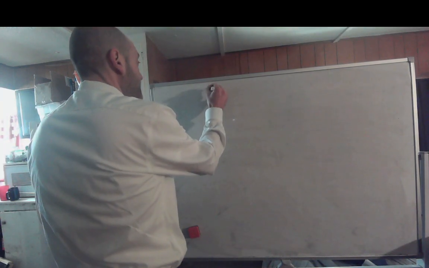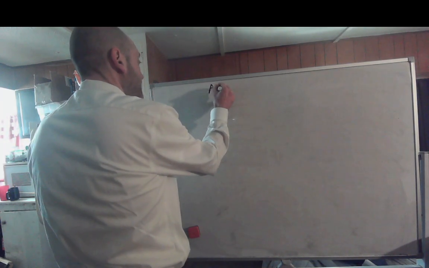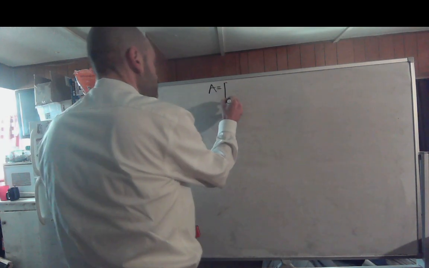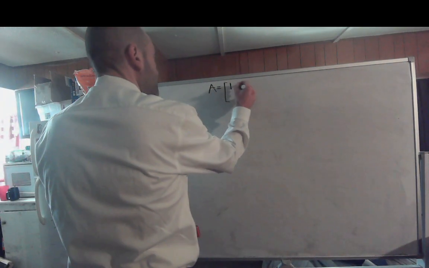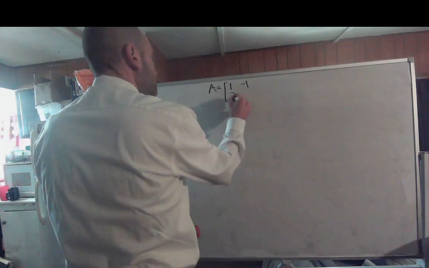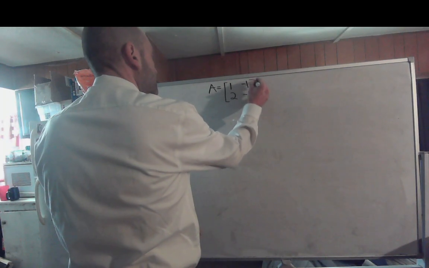Alright, so let's say I have a matrix A. This is going to be a 2 by 2 matrix: 1, -1, 2, -1.